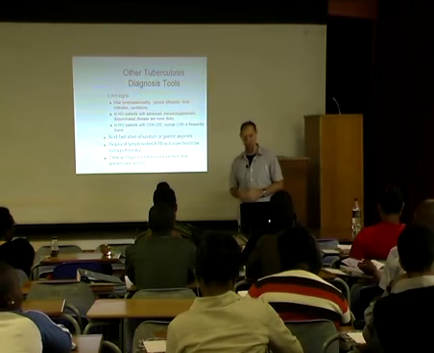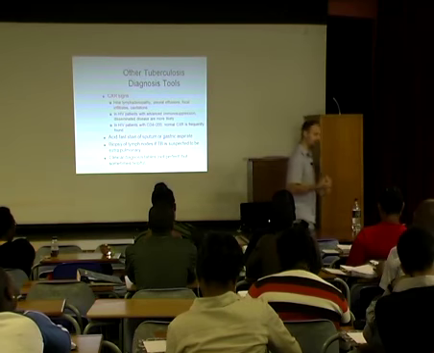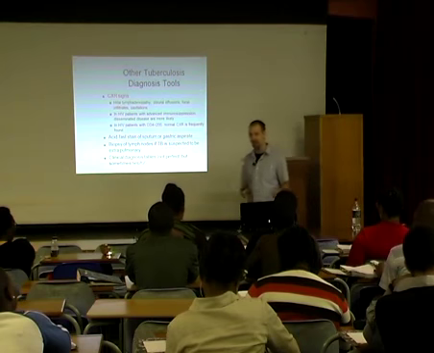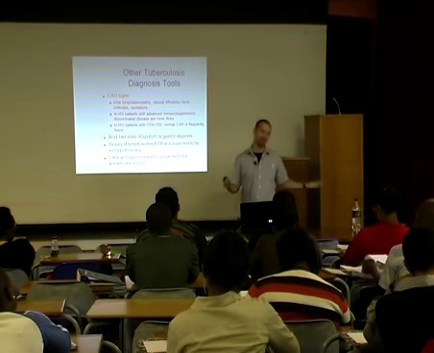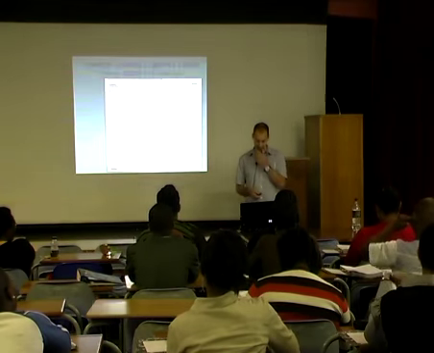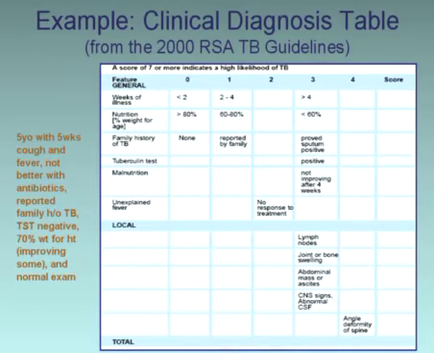So there are other things, and all of these things are just pieces that help you to diagnose TB. Not one of them is better than the other. Not one will definitely tell you versus another. But you need to use all of them to help make the diagnosis. Now, this is something that happens very, very commonly.